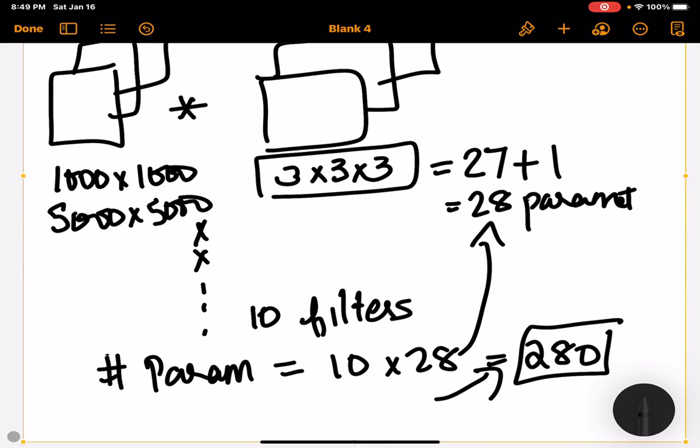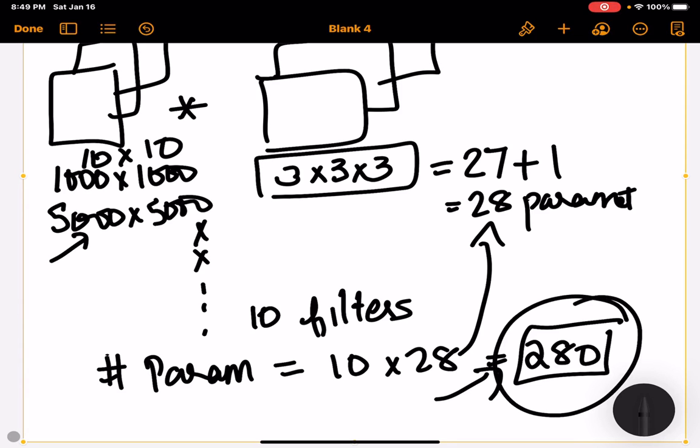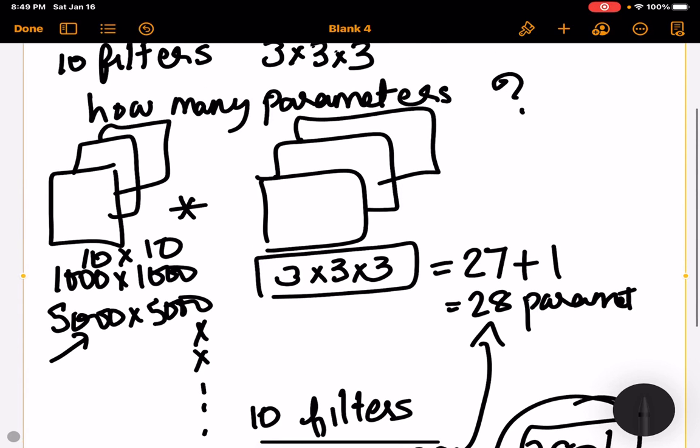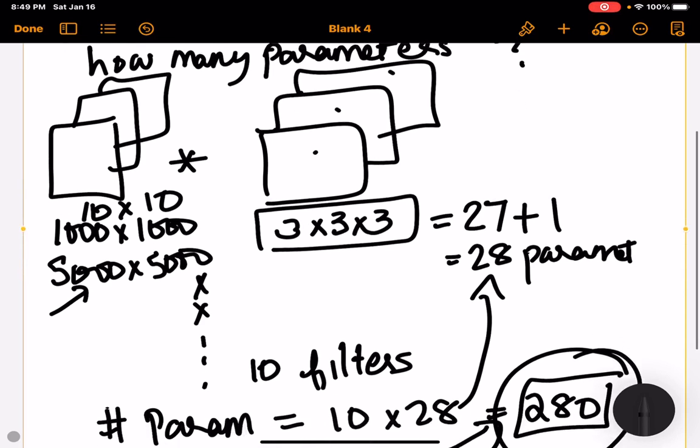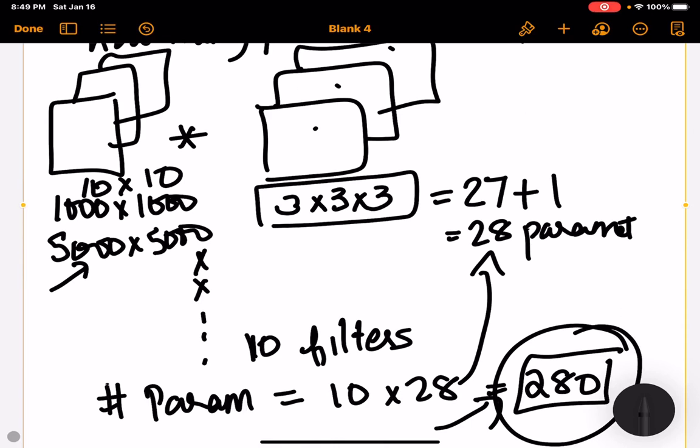So even if you have a 10 cross 10 image, or a 5000 cross 5000 image, in both cases the number of parameters will still remain the same, which is 280, provided you have a 3 cross 3 cross 3 filter and the number of filters is 10.